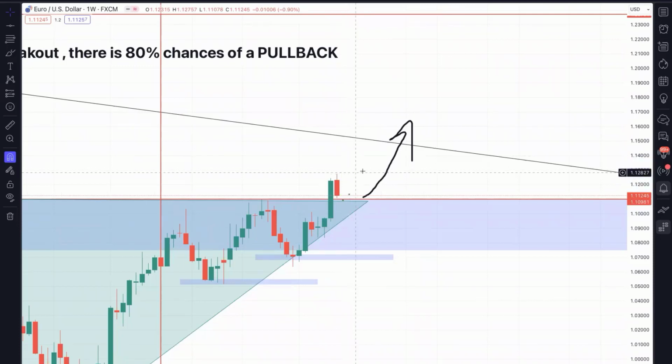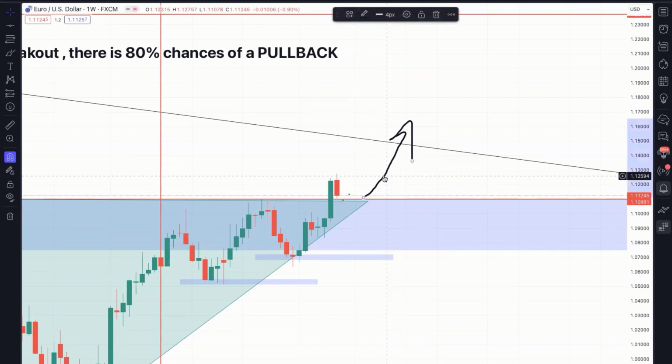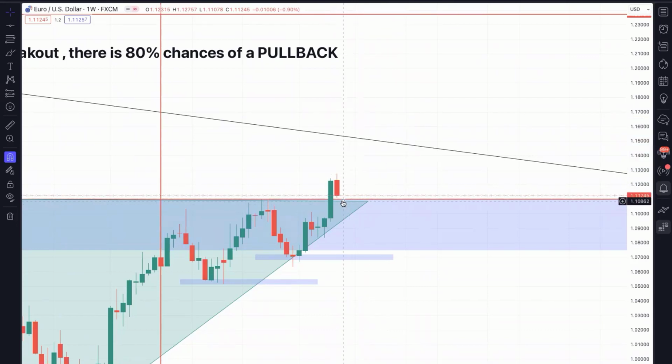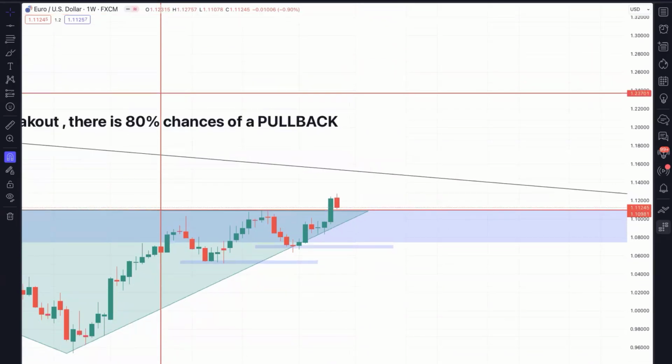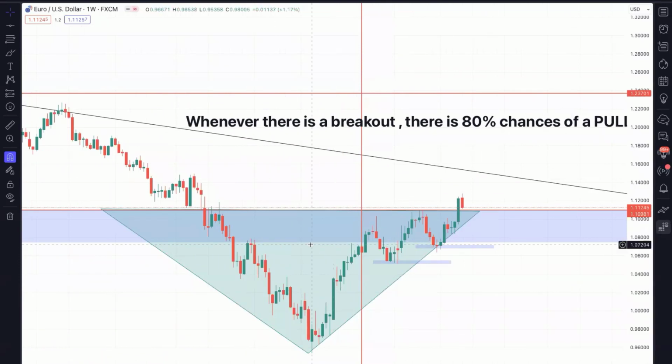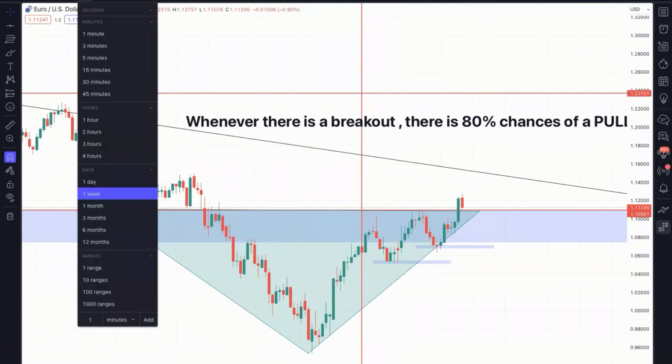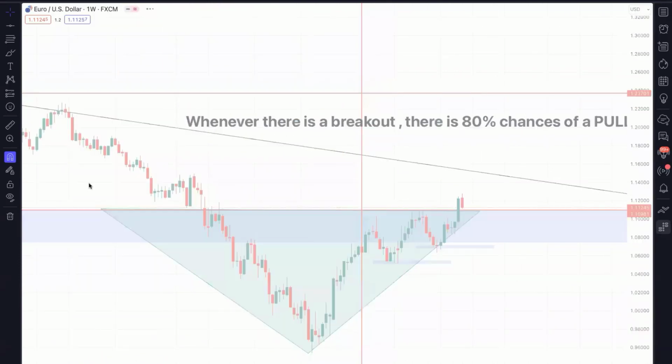That's back to us understanding and using multiple time frame analysis to our advantage. Here we've seen a breakout, a pullback. What are we expecting? A further pumping price. So yes, let's go closer and more clearer into the daily time frame.